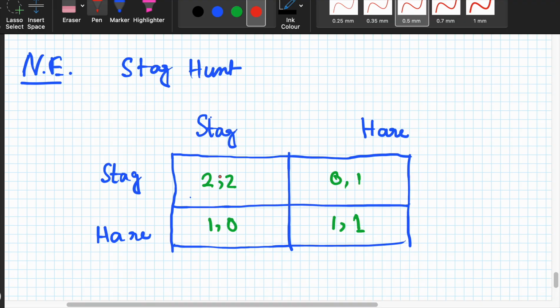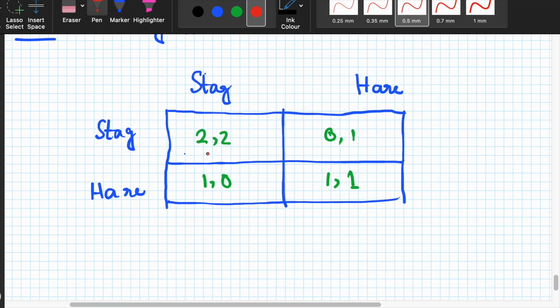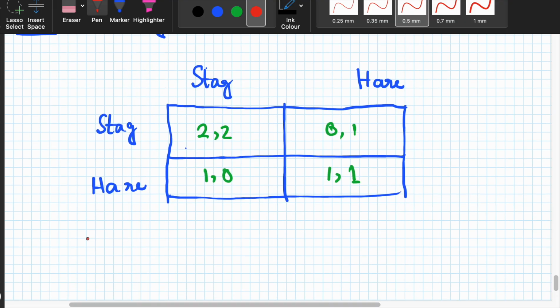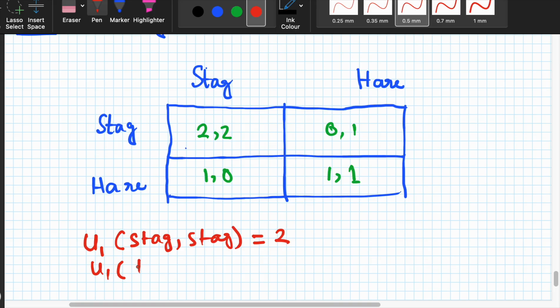Now if you see, here also there are two Nash equilibria. One is corresponding to stag, stag. In this situation player 1 doesn't have an incentive to change her action from stag to hare, because in that situation she will get 1, but in the current situation she is getting 2.